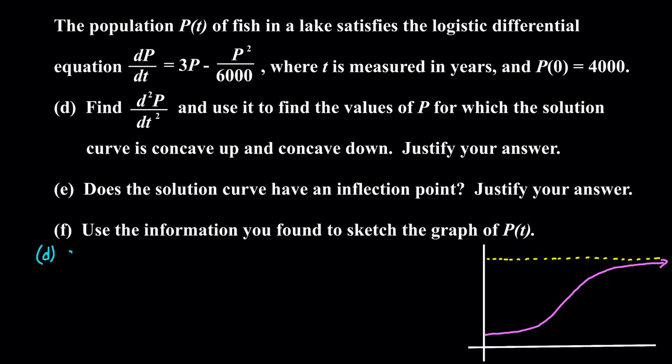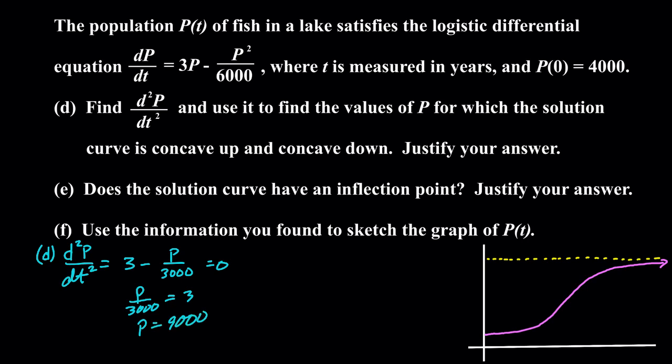The second derivative is equal to 3 minus P over 3,000. If we set that equal to 0 and solve, you're going to end up with P over 3,000 equals 3, so P is equal to 9,000.